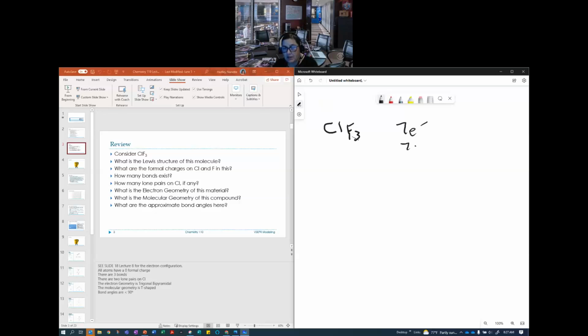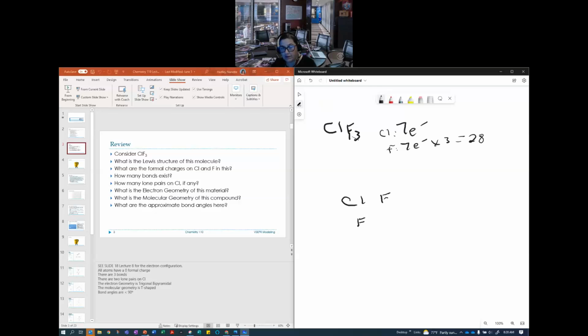And that means that we have 4 of those atoms, so this is my Cl, this is my F. Seven times 4 is 28 total electrons that we have to deal with in this particular structure. So 28 electrons. We're going to put chlorine in the middle, draw a fluorine around it.